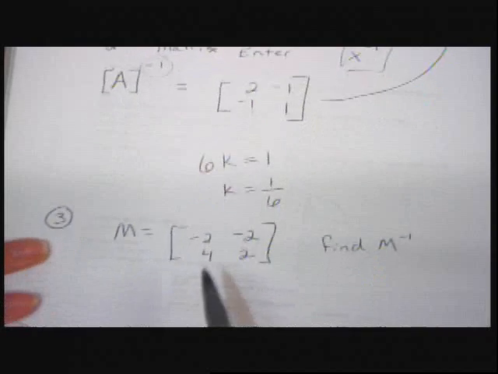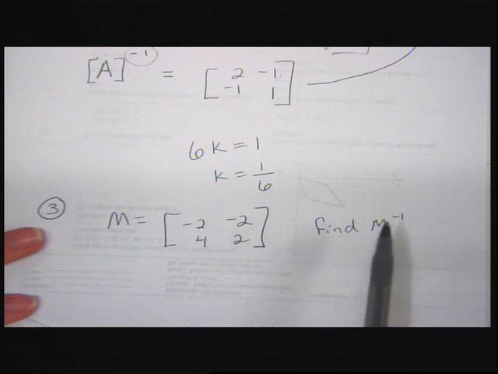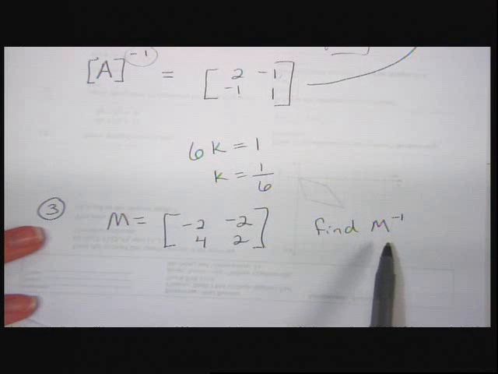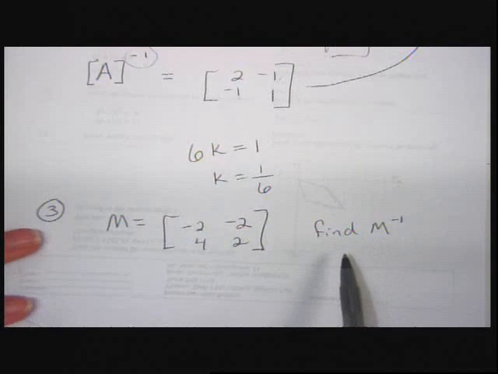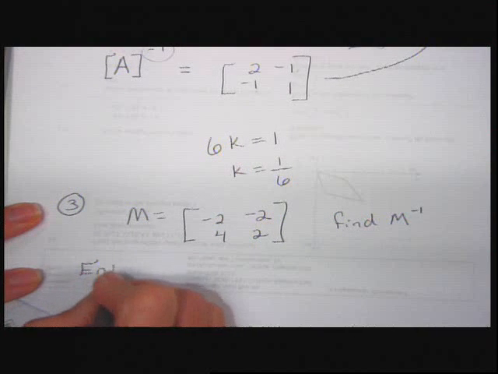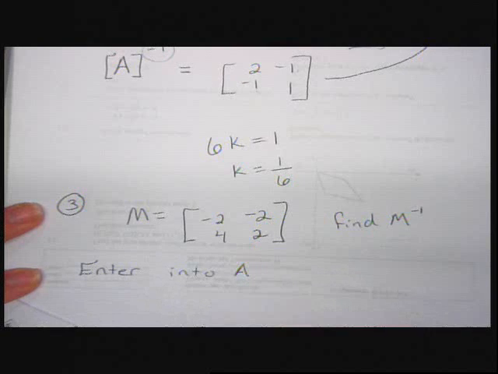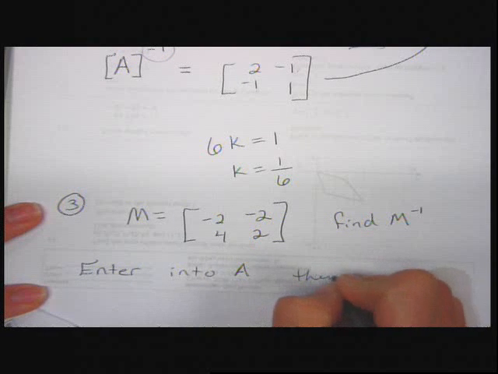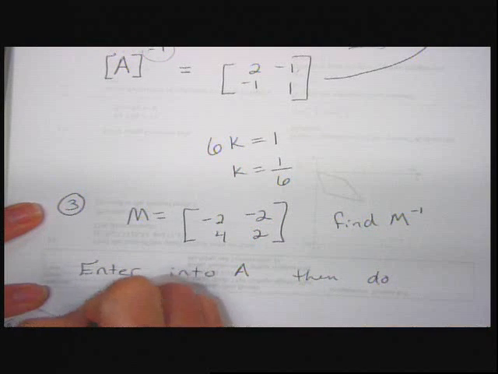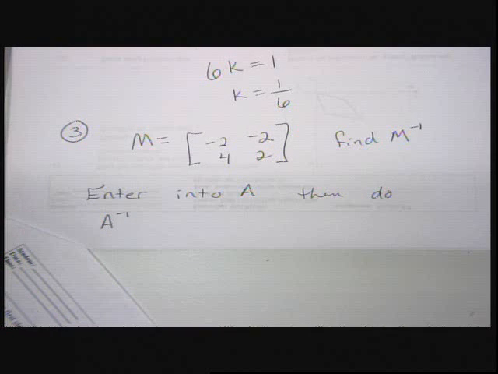And so the way I want you to do that is just enter the matrix into your calculator and then do the inverse button. And you can put it in A. So enter into A. And then do A inverse.